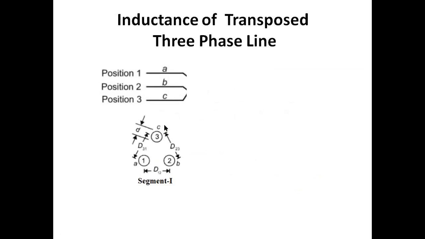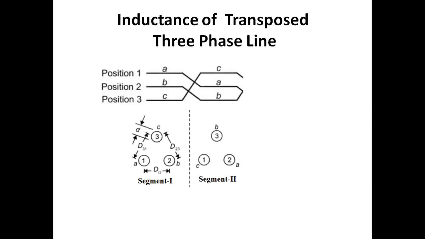In this transposition system, first we consider segment 1. In segment 1, you can see phase A placed at position 1, B at position 2 and C at position 3. Now in segment 2, A comes to position 2, B comes to position 3 and C at position 1.